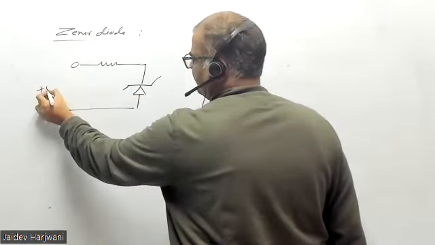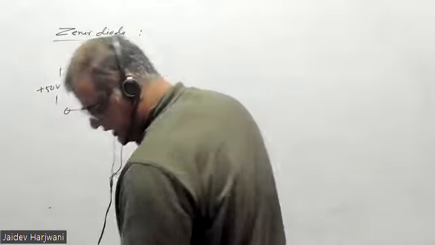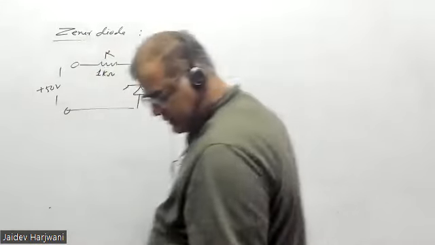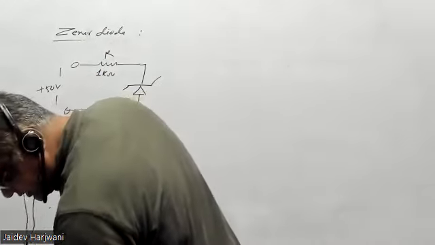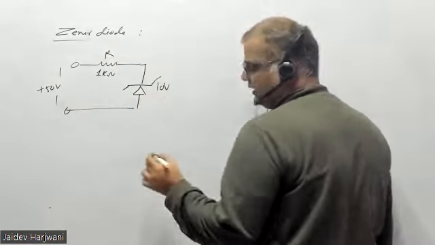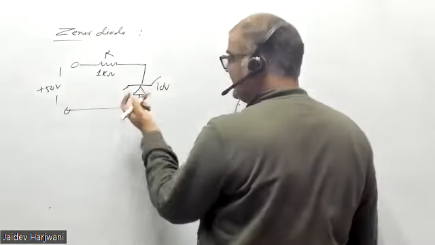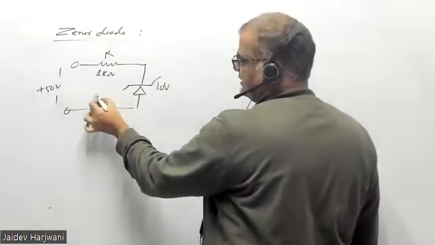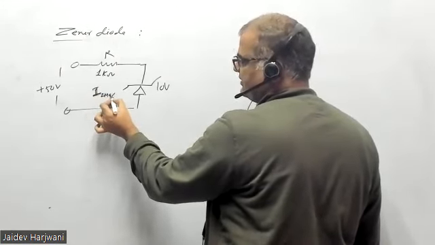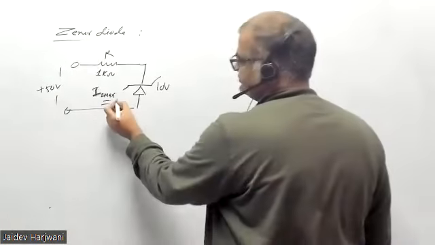So this is a 50 volt input, and R is again 1 kilo ohm, and here the Zener diode is 10 volt. This time IZ max value is given directly, not the power. IZ max is given 32 milliampere.